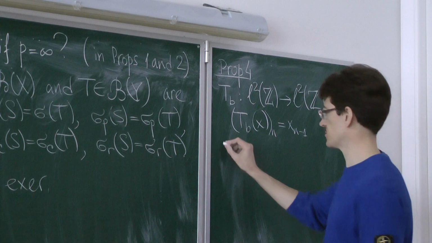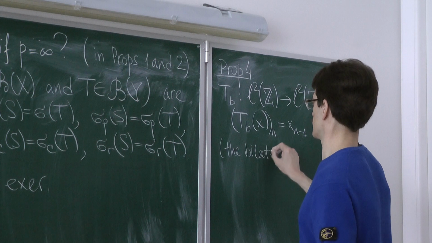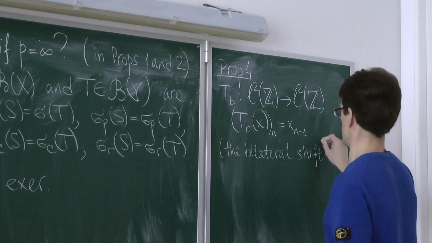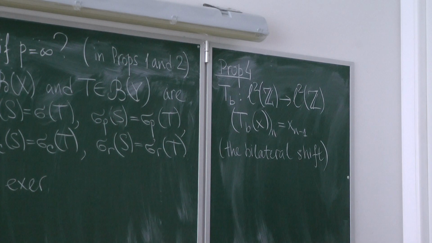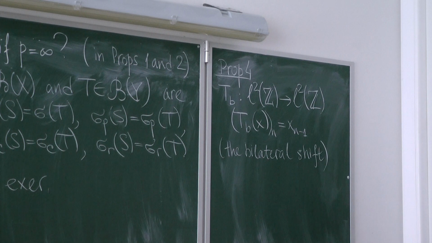This operator is called the bilateral shift. Of course, essentially this is the right shift operator, but it is called the bilateral shift for the reason that the sequences are indexed not by natural numbers, but by integers.